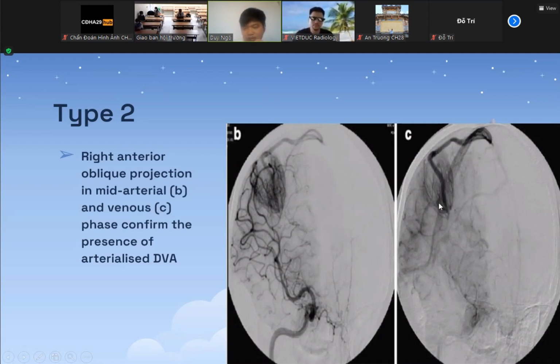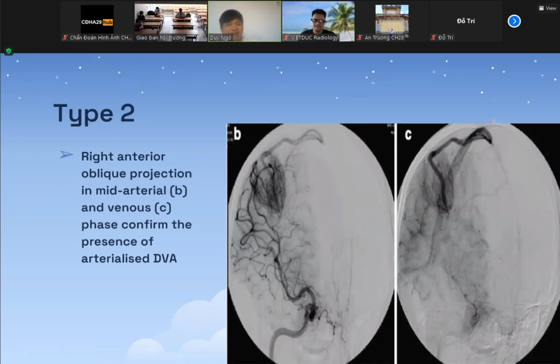It looks like a palm tree or a reversed umbrella with a big collecting vein and a lot of radial vessels converging into a point, and it is present in the early arterial phase with an arterial feeding artery. The right anterior oblique projection in mid arterial and venous phase confirms the presence of arterialized DVA type 2. It's not a case of hemorrhagic AVM.